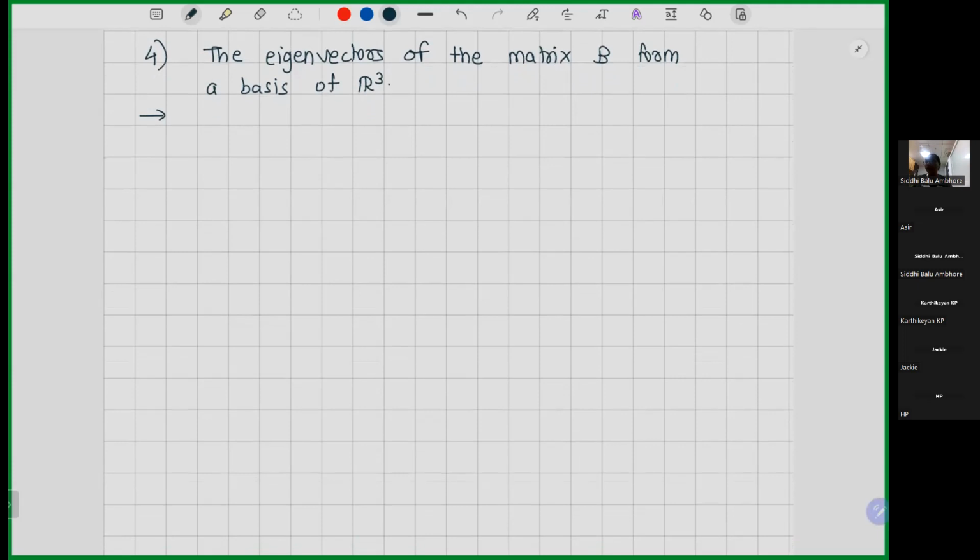Any cases that eigenvectors of B will form a basis of R3.